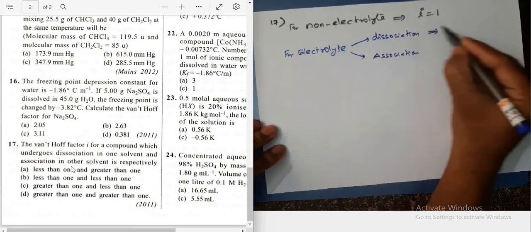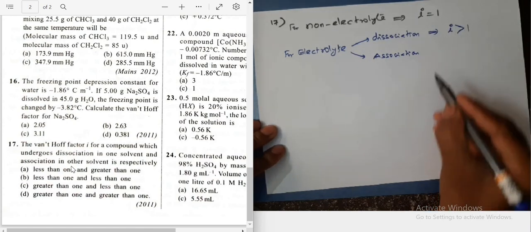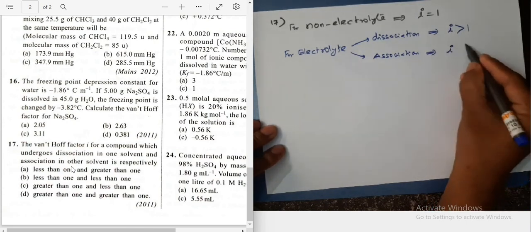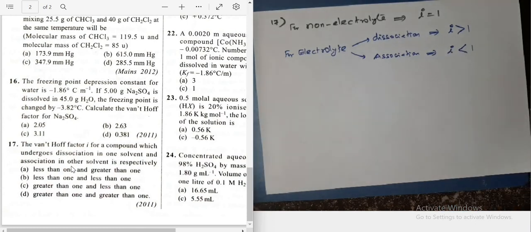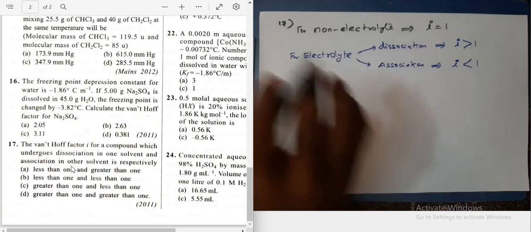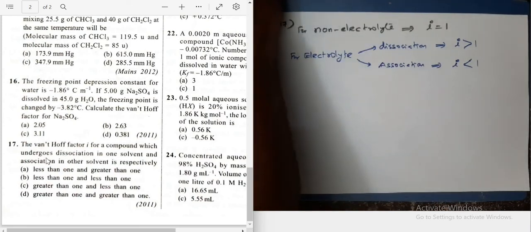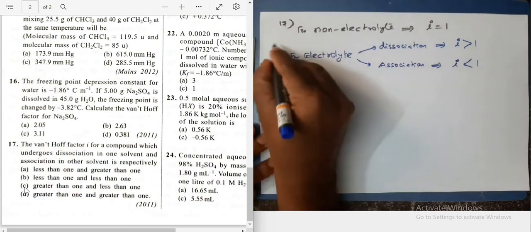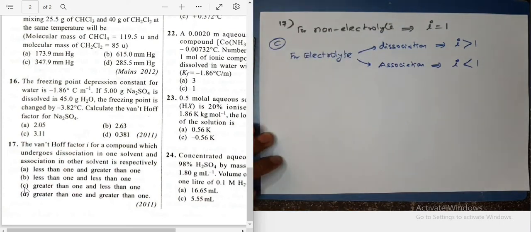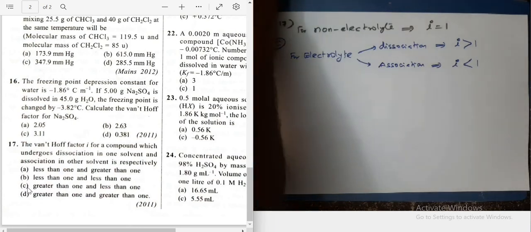If an electrolyte undergoes dissociation, i value should be greater than 1. If it undergoes association, i value should be less than 1. So in this question, a compound undergoes dissociation in one solvent, so i will be greater than 1, and association in the other solvent, so i should be less than 1. Therefore the correct option is C. It's given respectively. Now let me go to the next question.